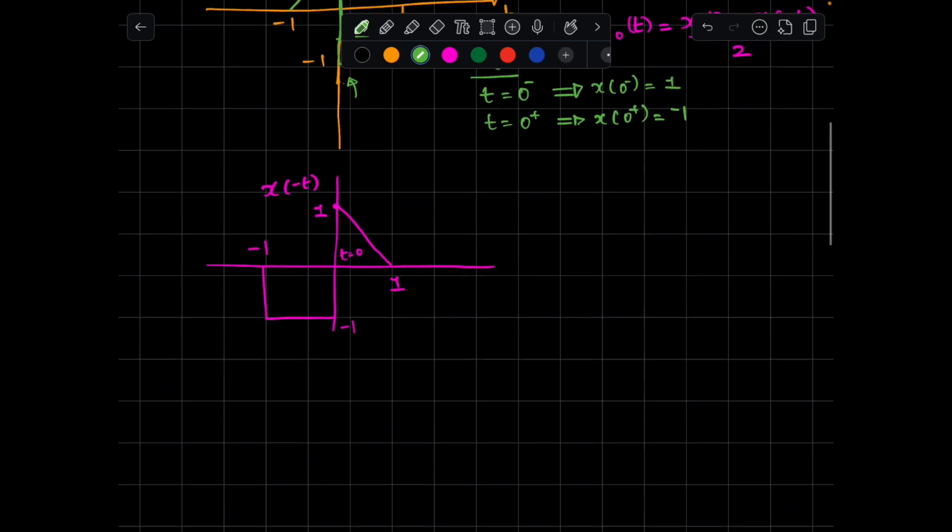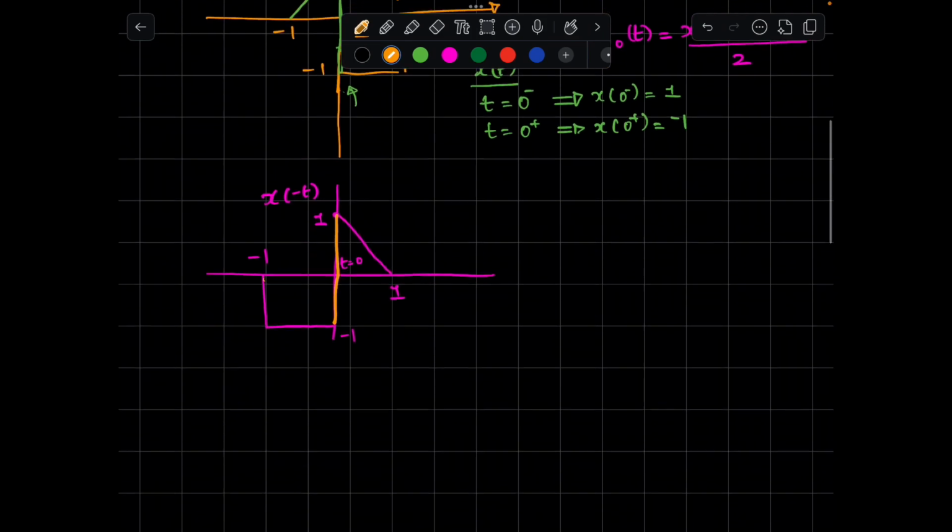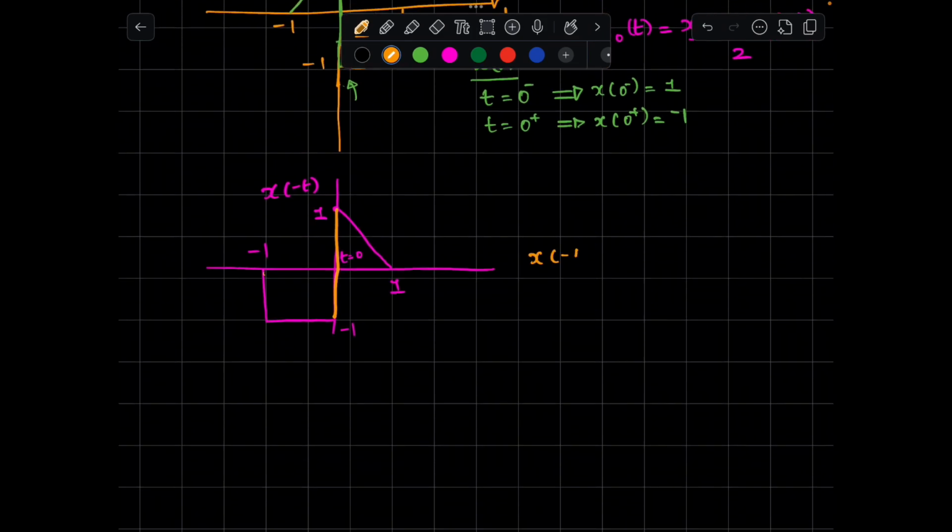Similarly, we can consider this for the signal x of minus t also. So this is x of t. Now for x of minus t at t equal to 0 minus, what is the amplitude?